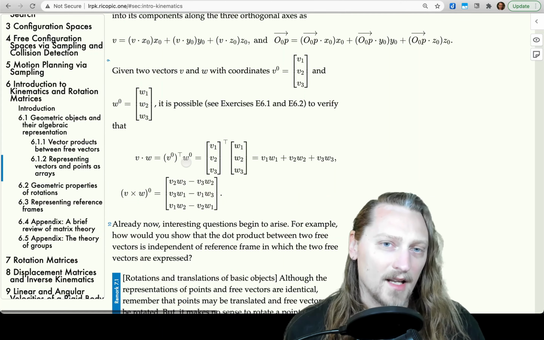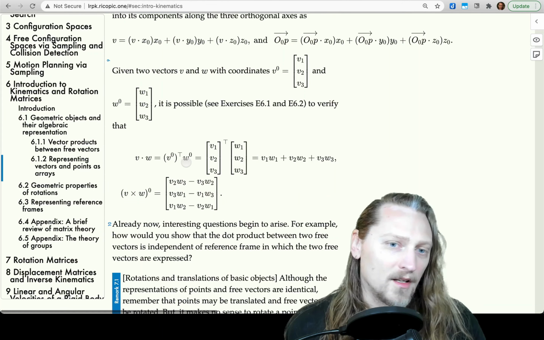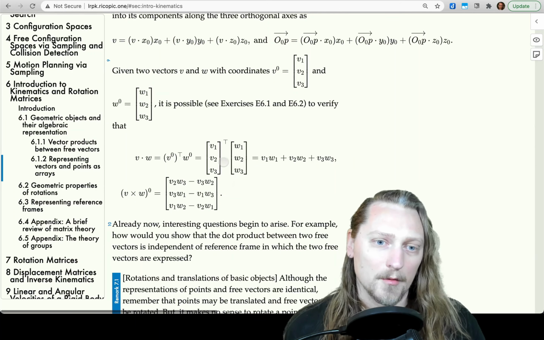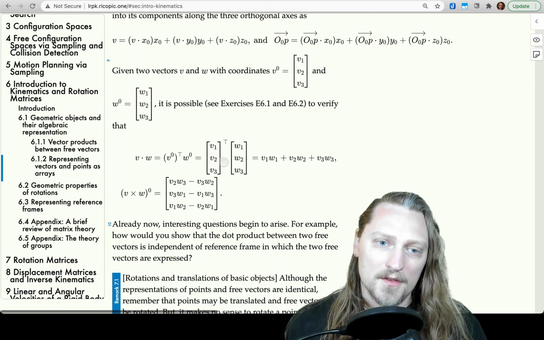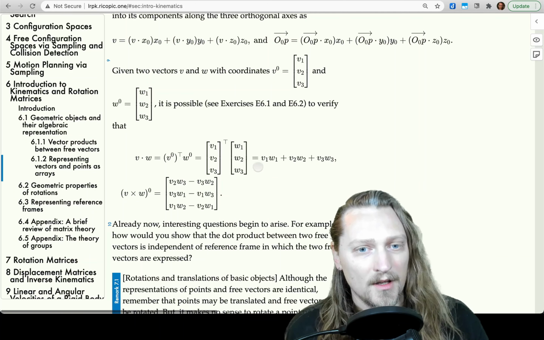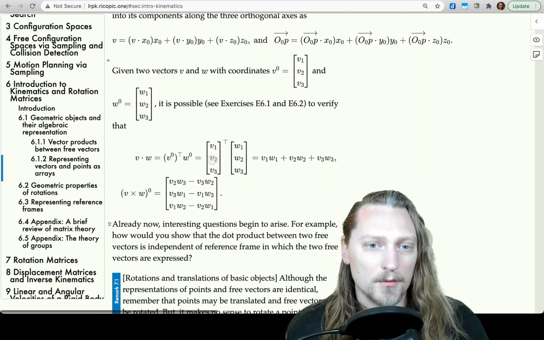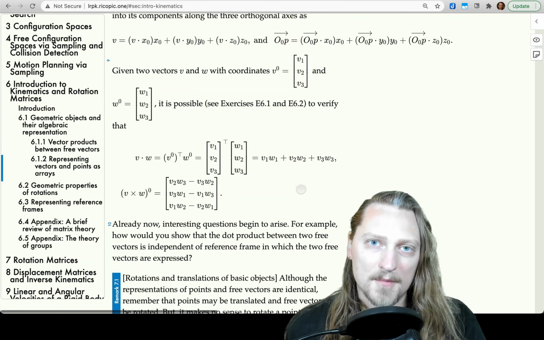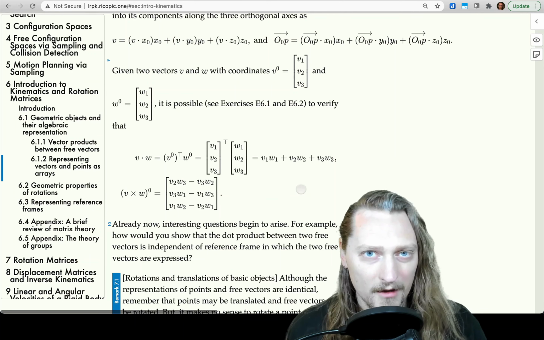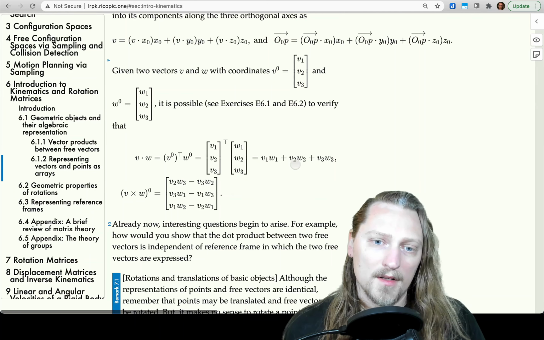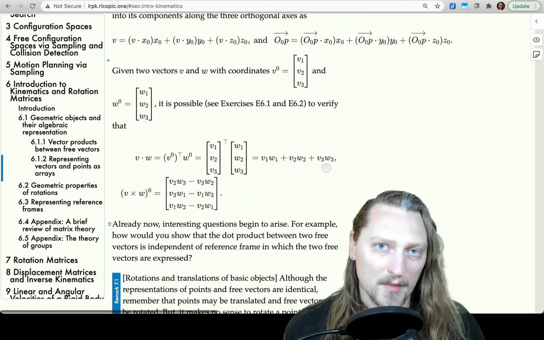Which is to say to take the scalar or dot product using the arrays, okay? Taking the scalar or dot product in array form is equivalent to transposing this array and doing regular matrix multiplication, which will be a 1 by 3 times a 3 by 1. You'll get the outer dimensions. The inner dimensions will collapse. You get a 1 by 1 out or a scalar out here. So you multiply the first components, the second components, and the third components, and you sum them together.